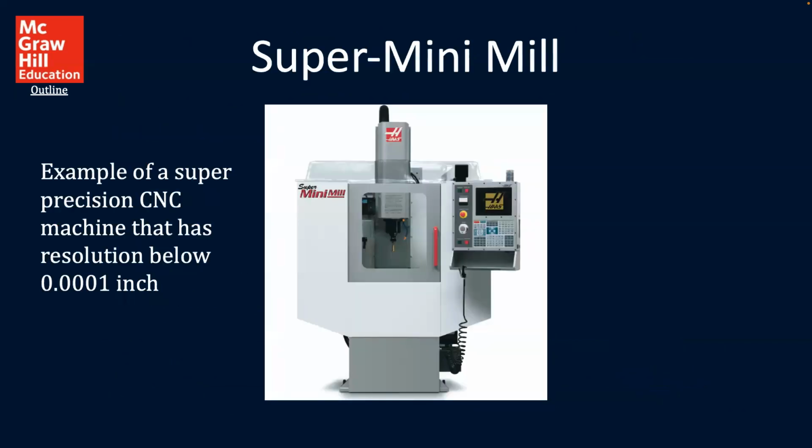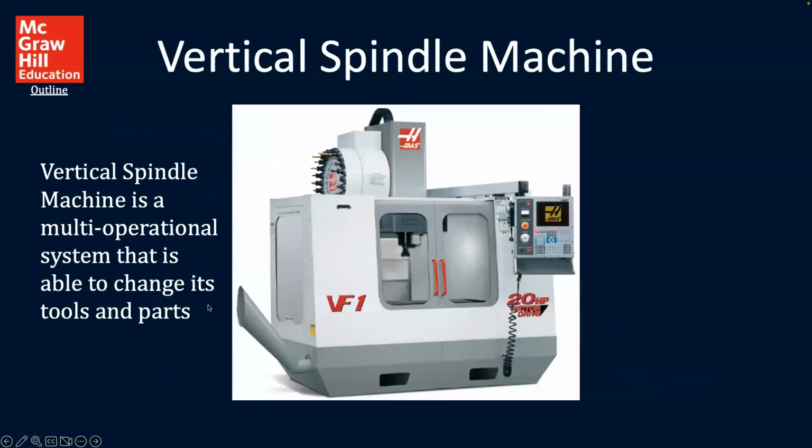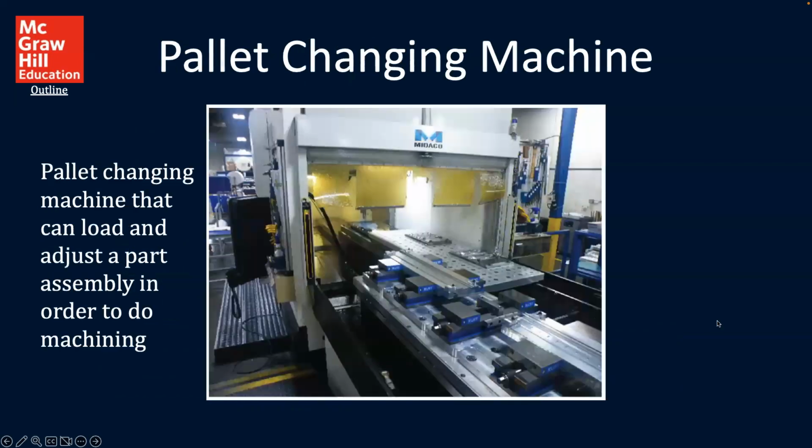So this is just a review of some of the different types of machines that are out there. The super mini mill is an example of a super precision CNC machine that has a resolution below 0.0001 inch. We have a vertical spindle machine, which has a multi-operational system that is able to change its tools and parts.